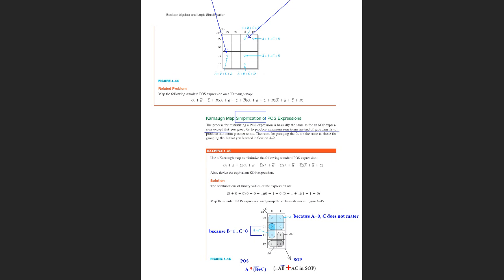And you can clearly see that the variable which is eliminated is A for those 2 cells, because A is changing from 0 to 1 or from 1 to 0, and this change does not affect the value of the sum, so we can ignore A. This is why instead of the group of 2, we write not B plus C, because B is 1, C is 0. Applying this convention of relation between variable and bits, we write here not B plus C: not B for B equals 1, and C for C equals 0.